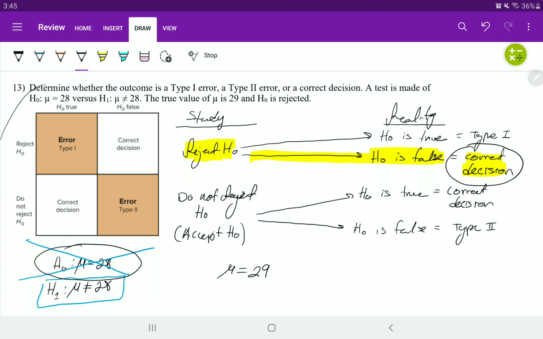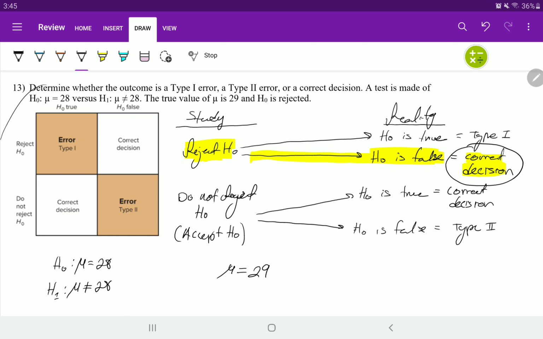Now, before I end this video, what happens if we switched it up a little bit, right? Let's reset things a little bit. Let's say instead of it saying the true value of mu is 29, let's say the true value of mu is 28. I can't even write my 8s correctly. Once again, you're rejecting the null hypothesis.